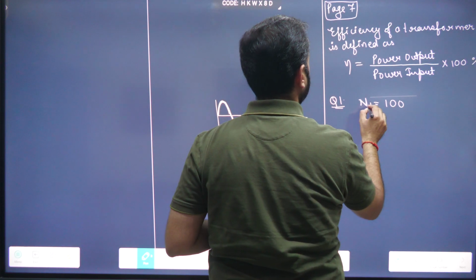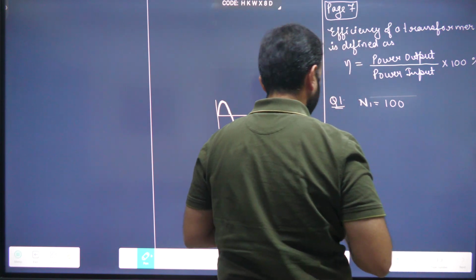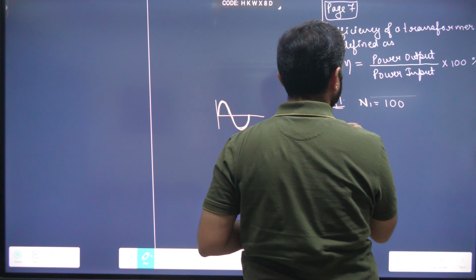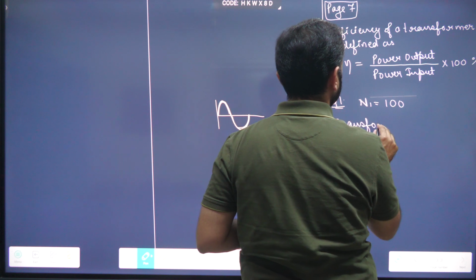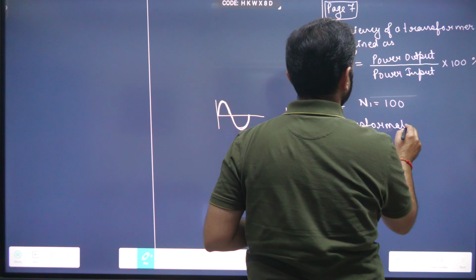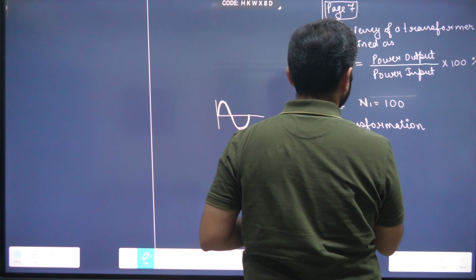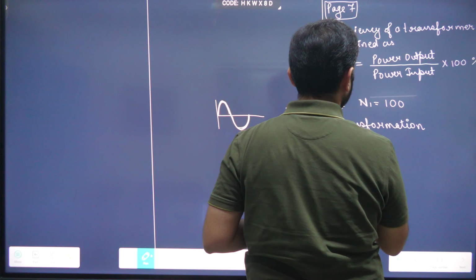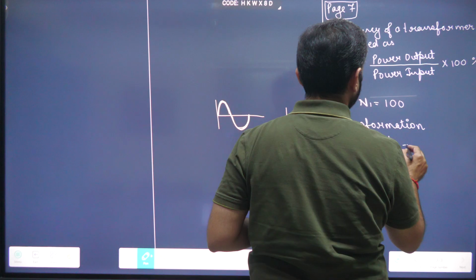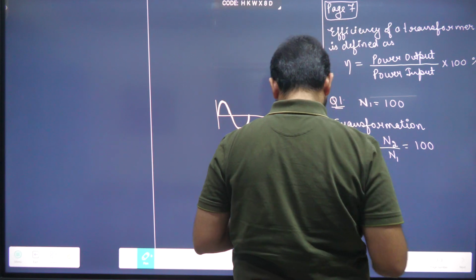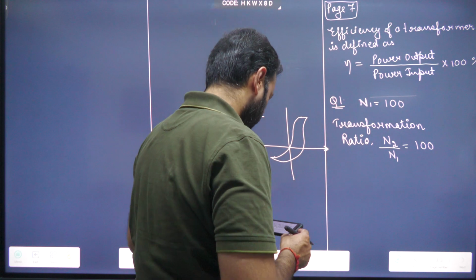N1 is equal to 100. And the transformation ratio is also 100. What is transformation ratio? N2 upon N1. It is also 100. N1 is 100 and N2 upon N1 is also 100.